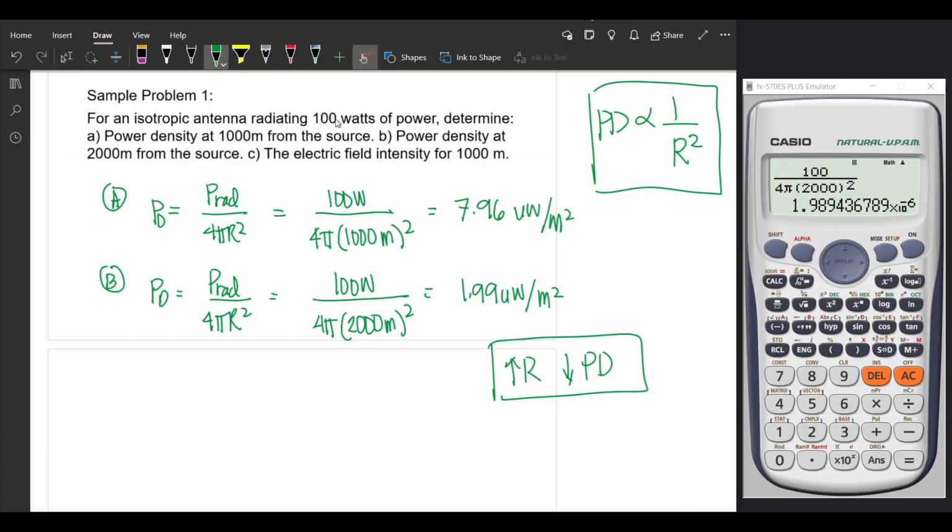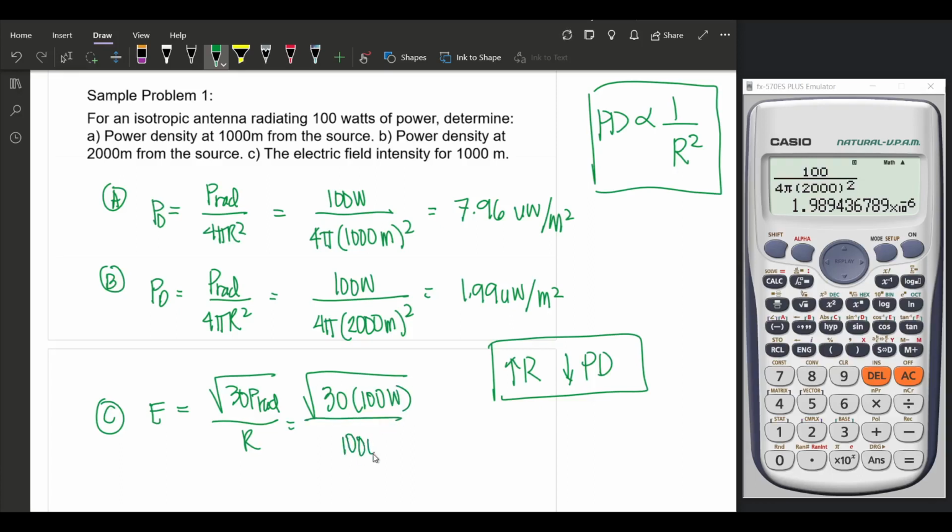Our power is 100 watts, so we can use the derived formula for part C. The power radiated will be 100 watts, then the distance is 1,000 meters.